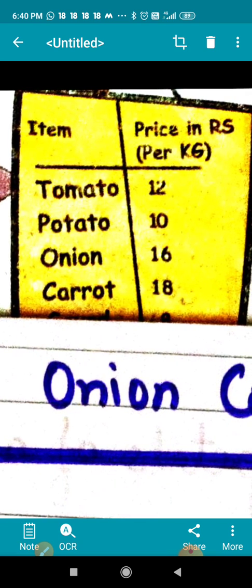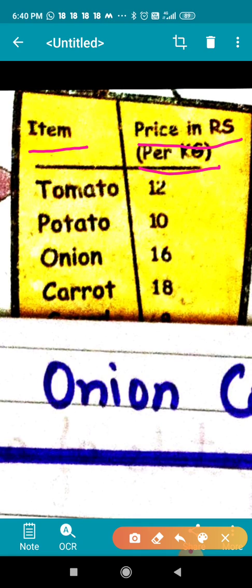Here you can see this yellow price list. In this price list, on the left side item names are written, and on the right side price in rupees per kg is written. Per kg means 1 kg.